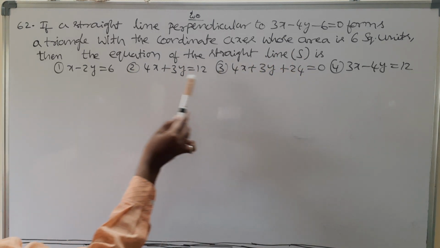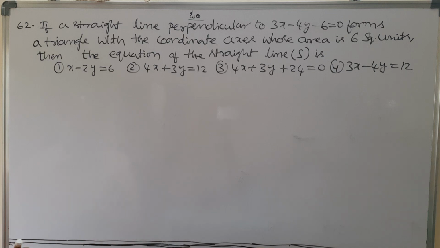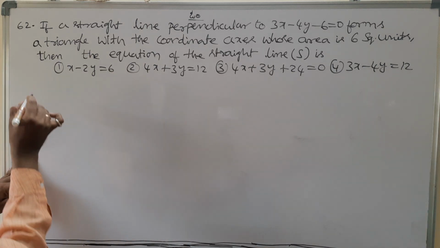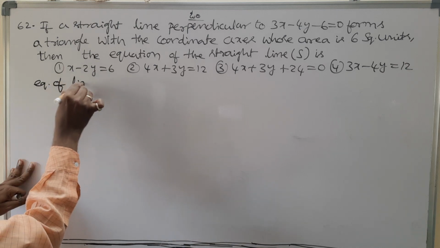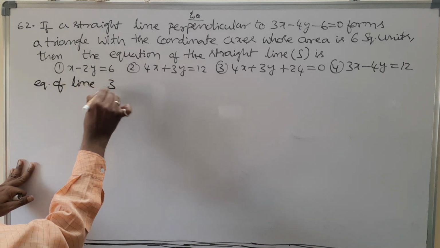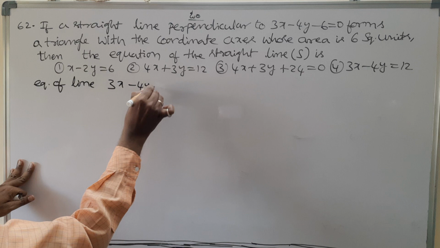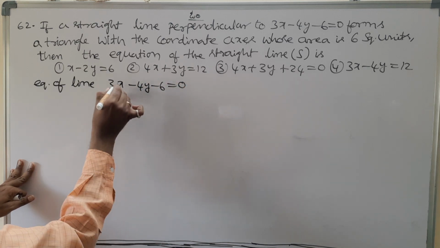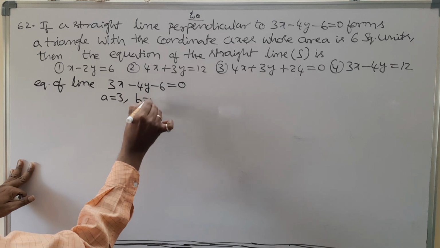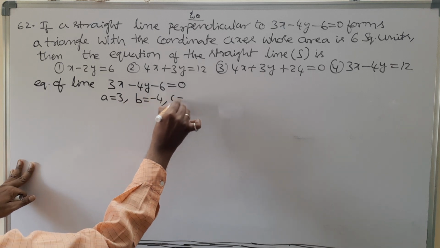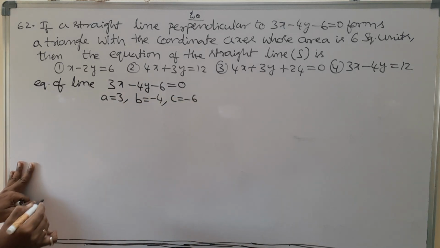Here the four options are given. In this question, the equation of a line is given, 3x minus 4y minus 6 equal to 0. Here x coefficient a equal to 3, y coefficient b equal to minus 4, constant c equal to minus 6.